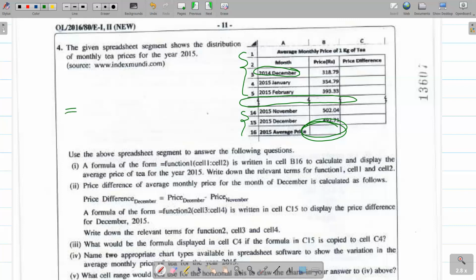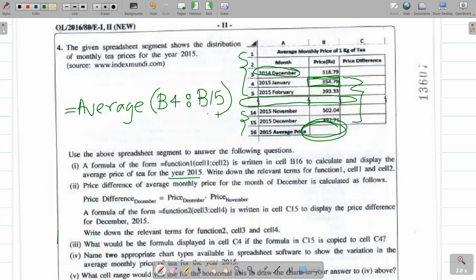So it should be written like equals AVERAGE(. If they are talking about year 2015, that means you are going to take the range starting from this cell. The above cell does not belong to 2015. So it is from B4, colon, goes up to B15, which gives you the answer for the first one.